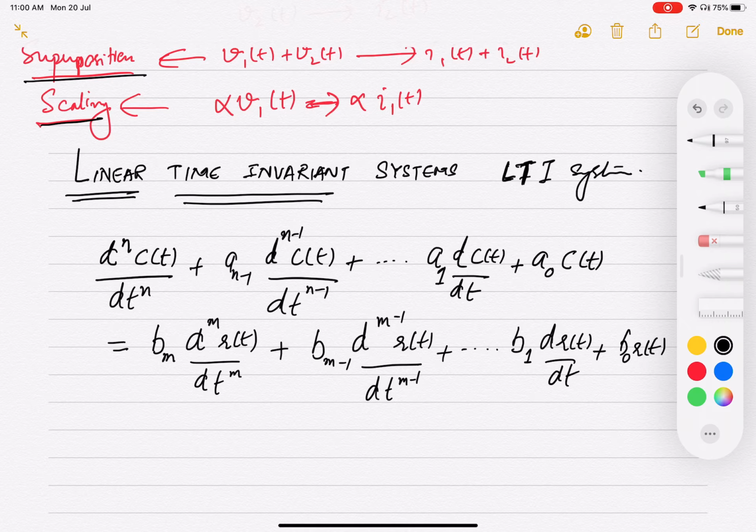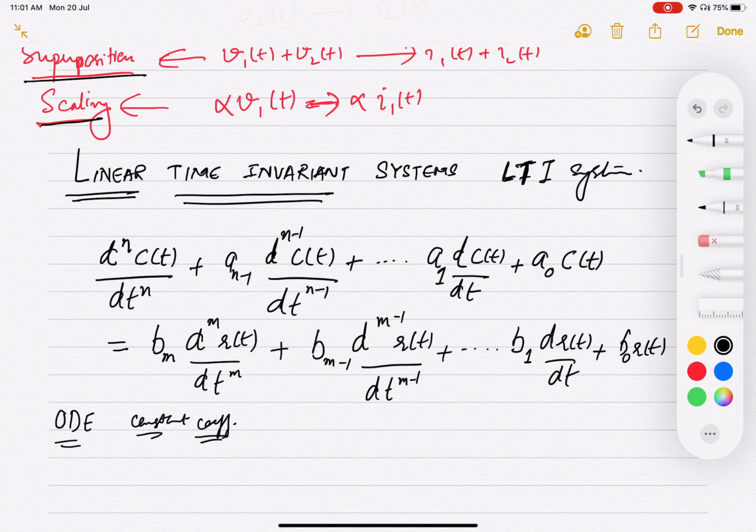So this equation represents an ordinary differential equation with constant coefficients, right? In general, an ordinary differential equation with constant coefficients would be represented like this.